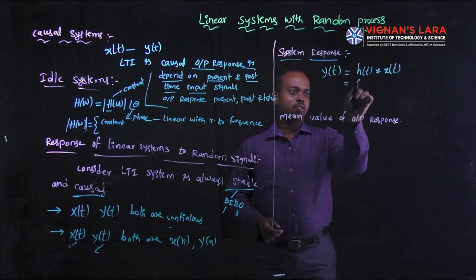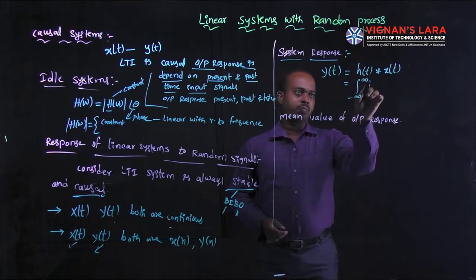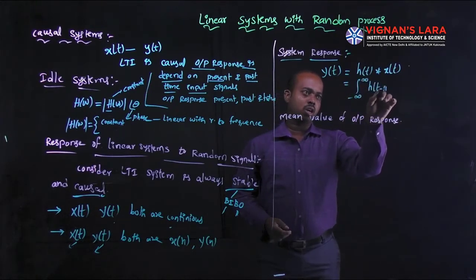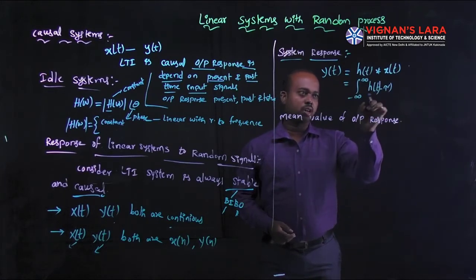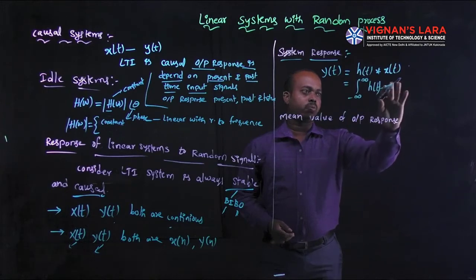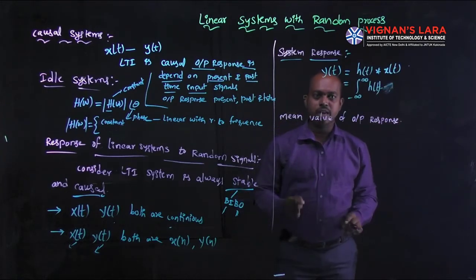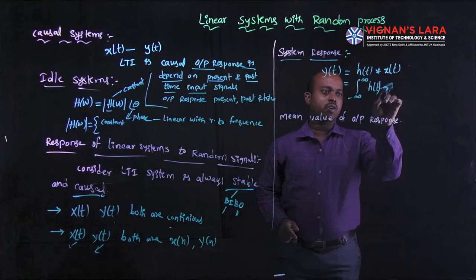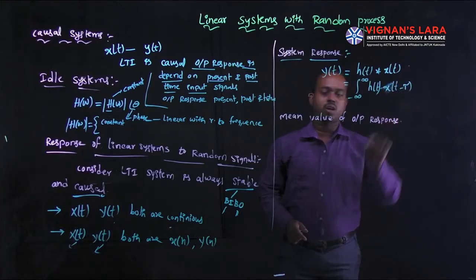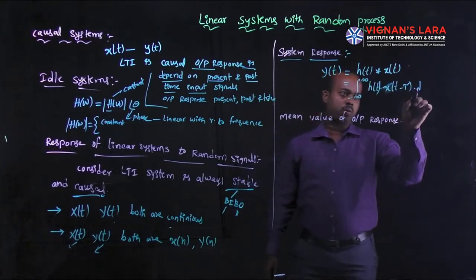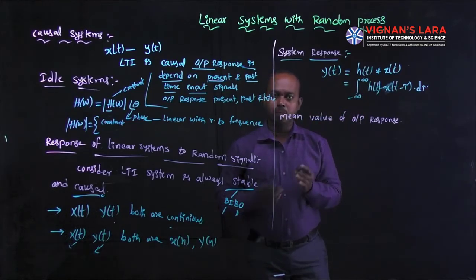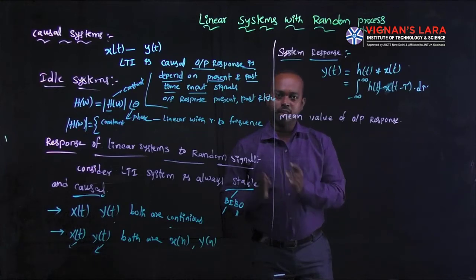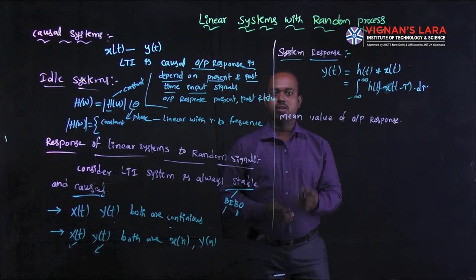You can write the convolution formula as the integral from minus infinity to plus infinity of h of t minus tau, otherwise h of t, and the next function is x of t minus tau, d tau. This is the system response equation. We can apply the convolution property on the input signal and the system function to find the system response.